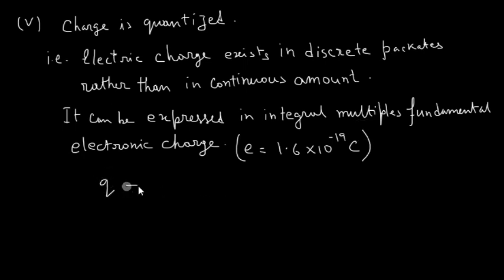So Q is equal to plus or minus n e, where n is equal to 1, 2, 3, 4, and in this way.